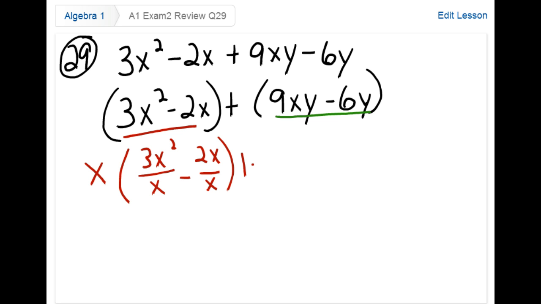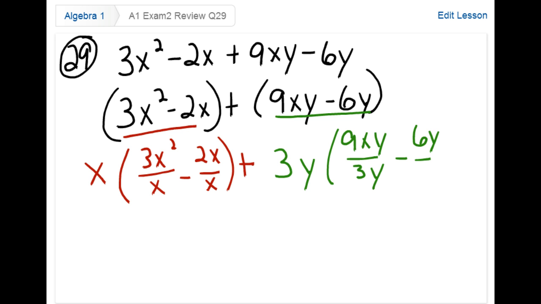Now, looking at these two terms, I know that 3 goes into both 9 and 6, and they both have a y term. So 3y, and then I'm going to divide it by 3y. Okay, so this is x.